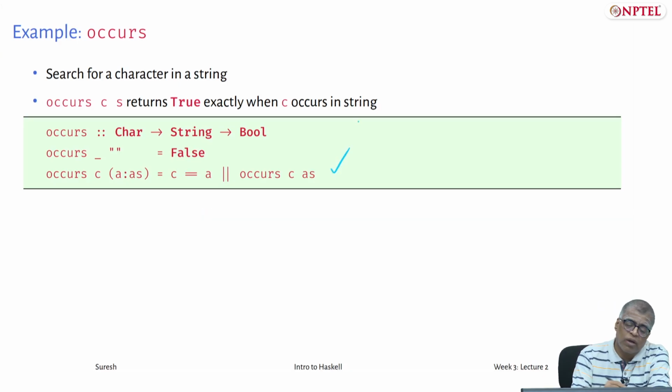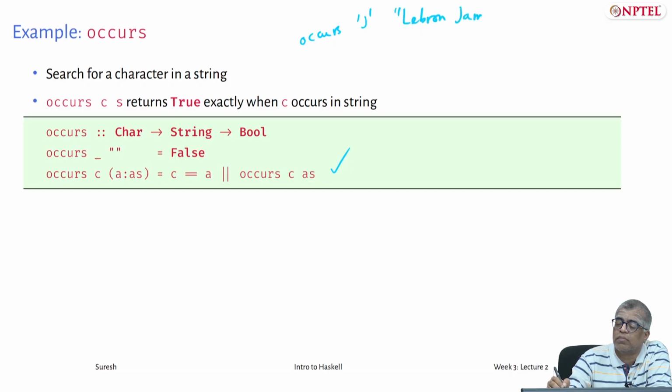So for instance, if I say occurs capital J in "LeBron James", what will I have?